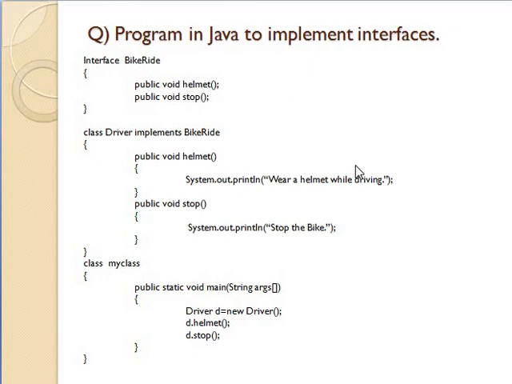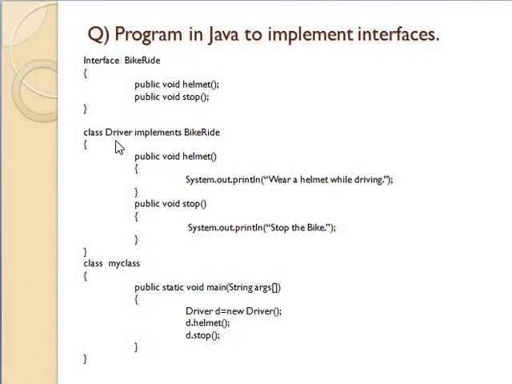Now look at this Java program again and look at this interface. Since the methods helmet and stop declared inside the interface do not contain the body part, we are hiding the essential details of the methods helmet and stop. Those essential details are included inside the body part of the methods declared inside the class which implements the interface.